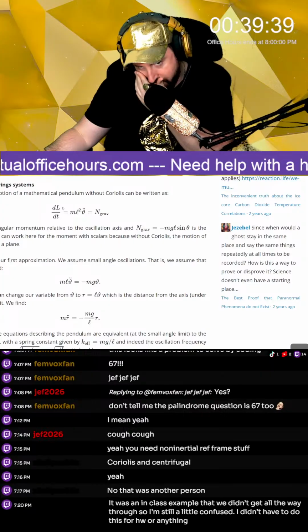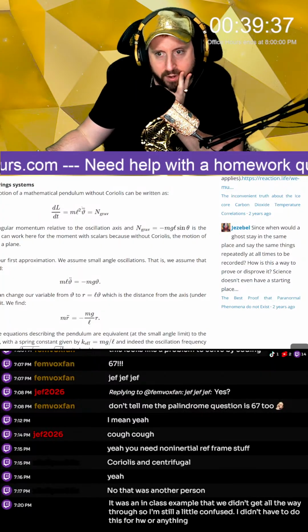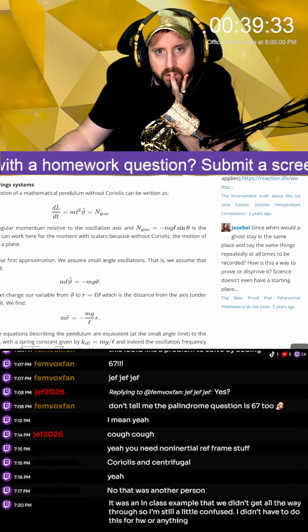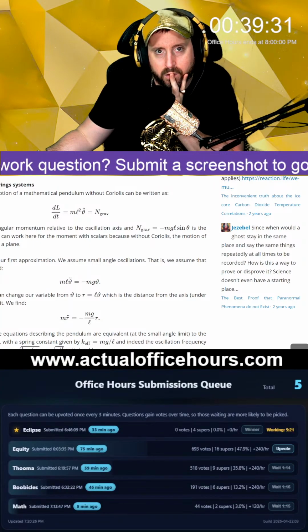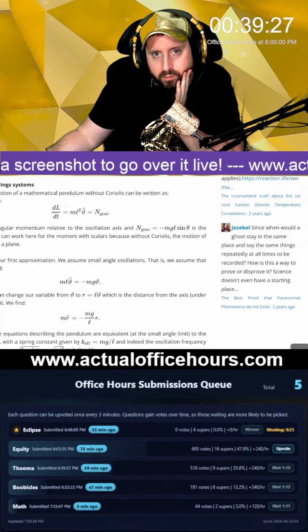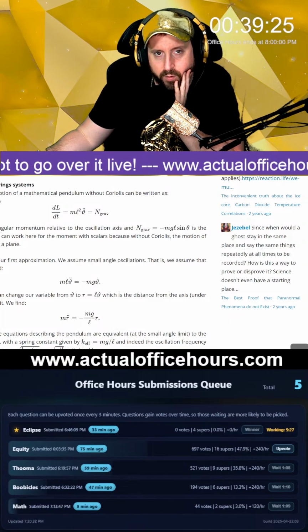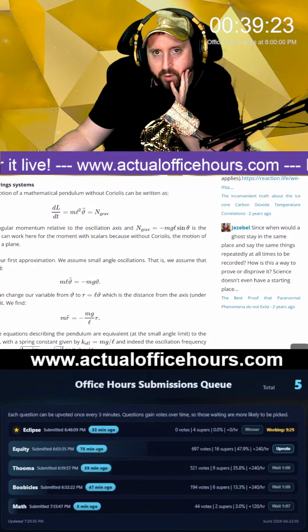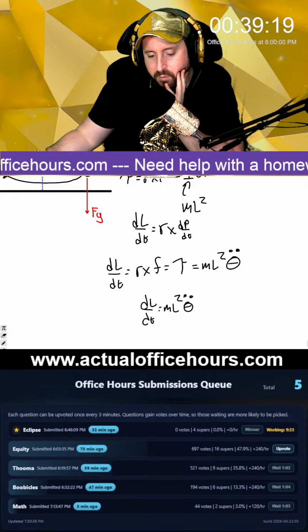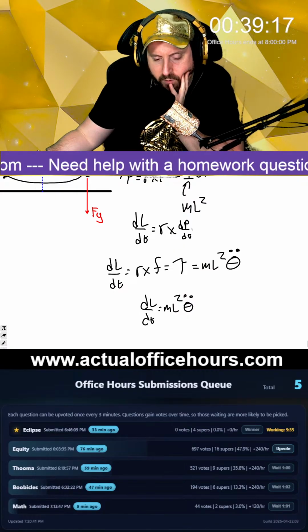They said dL/dt is equal to ml squared. Yeah, they say v double dot, but I think v double dot is n double dot. Oh, that was a different person. It was an in-class example. We didn't get all the way through, so I'm still a little confused. I didn't have to do this for homework. It's probably one of those fun derivations they have you do.